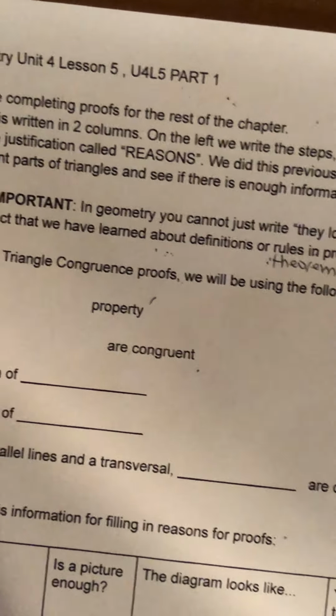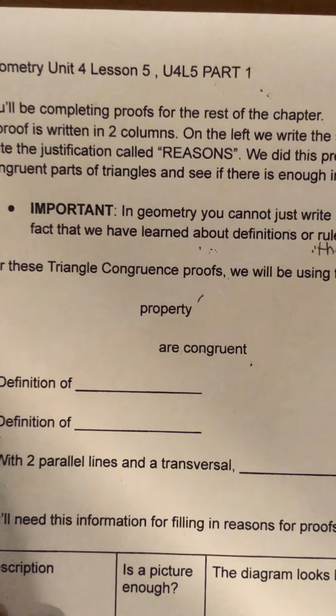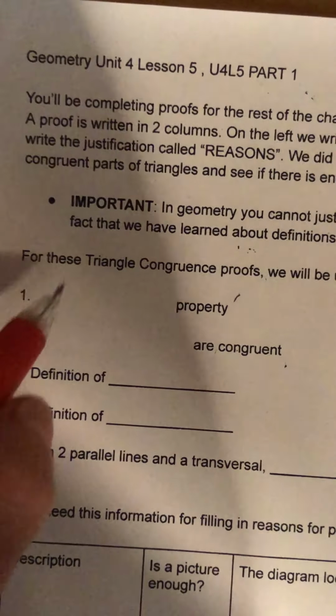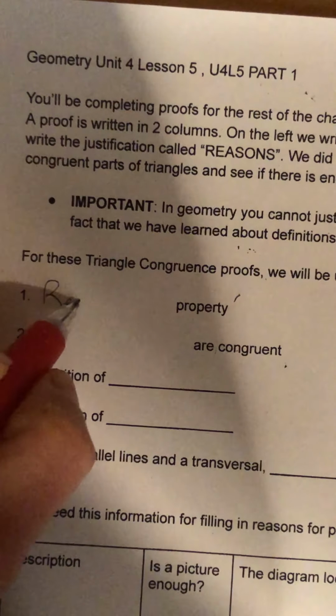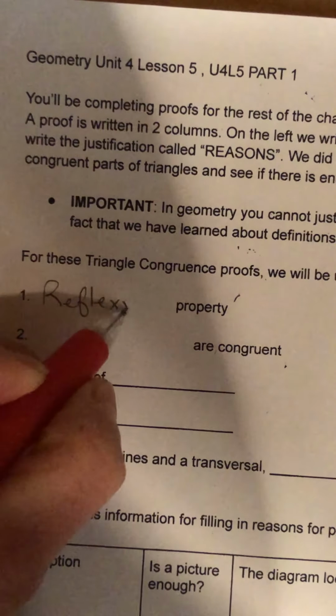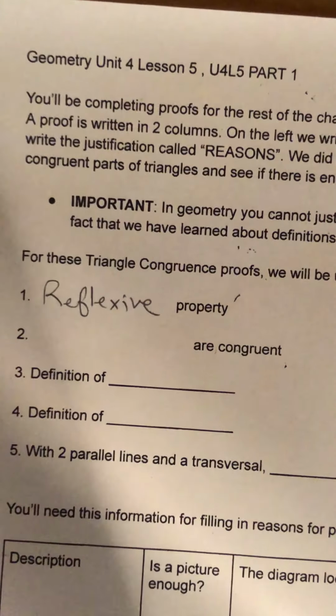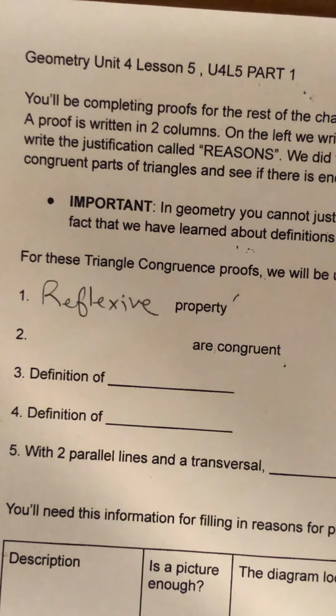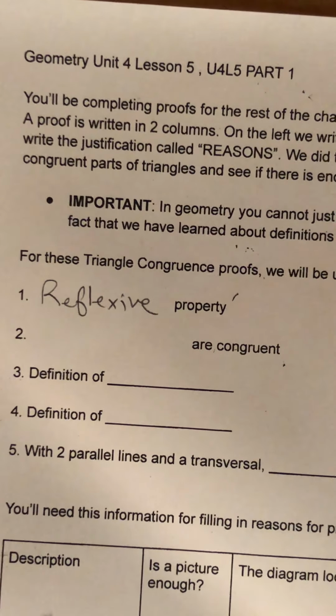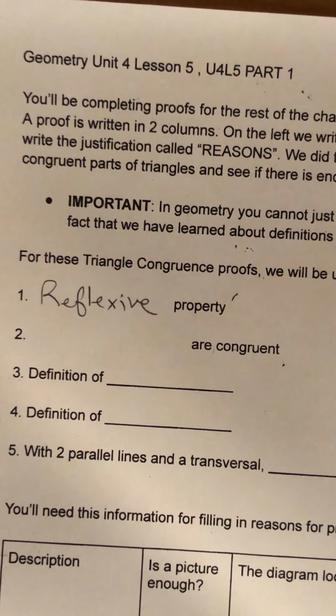So here we go. For the triangles congruence proofs, these are things that come up a lot. The first one is the reflexive property. So that's one thing that you're going to be using a lot as a reason. And I'll show you what that looks like in a triangle congruence proof.